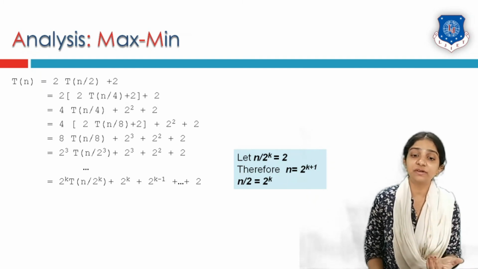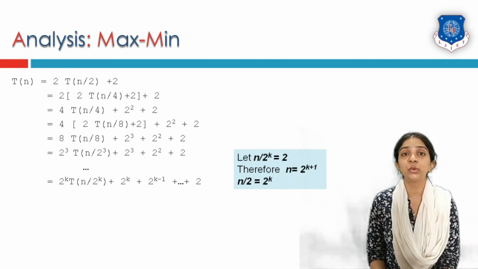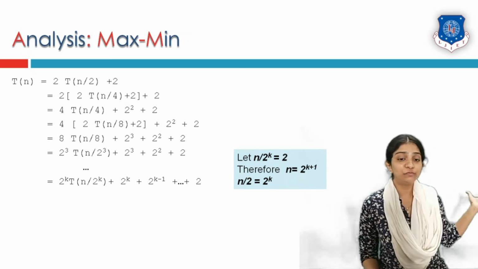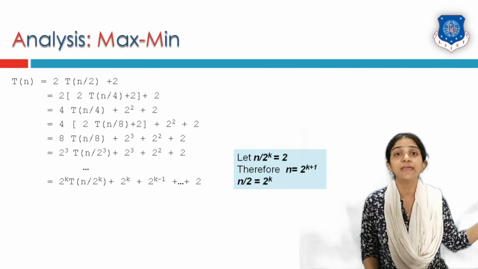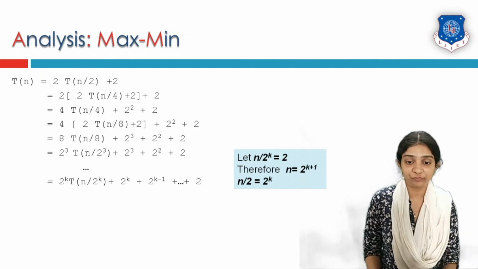And wherever the term n/2 raised to k appears, we are going to substitute 2. So if we rewrite this equation, the first term 2 raised to k into T(n/2 raised to k) will be n/2 into T(2).